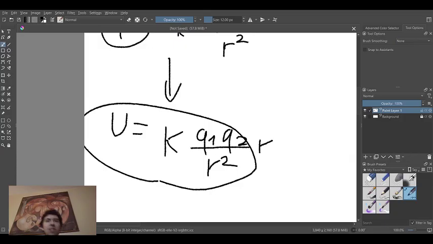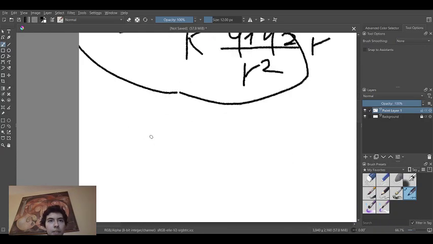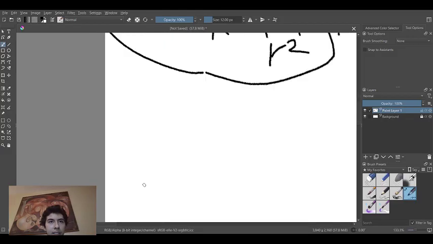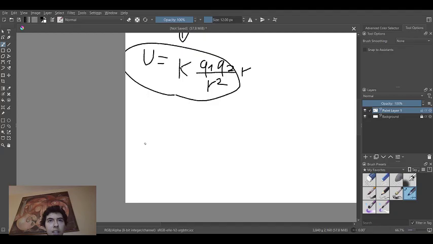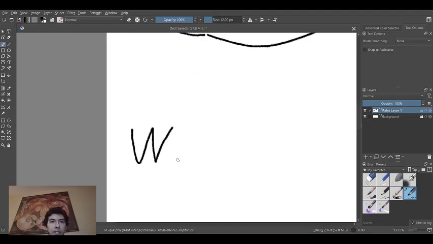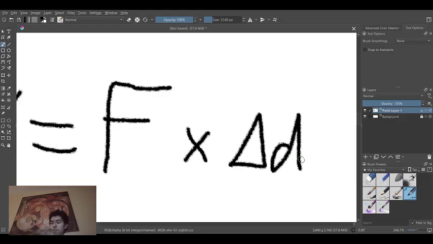Alright. So, why is this equation like this? Well, we can remember from basic physics that the work is equal to the force applied to an object times delta D. Yeah, good.